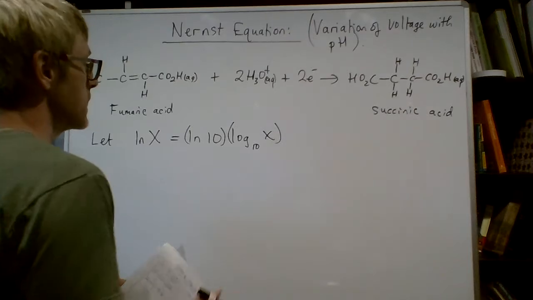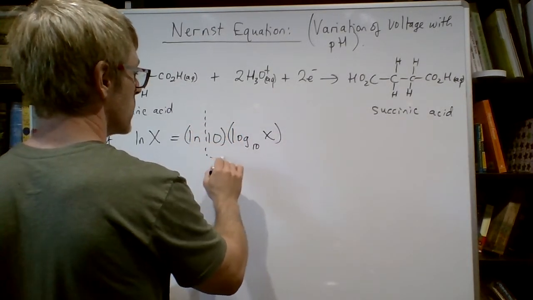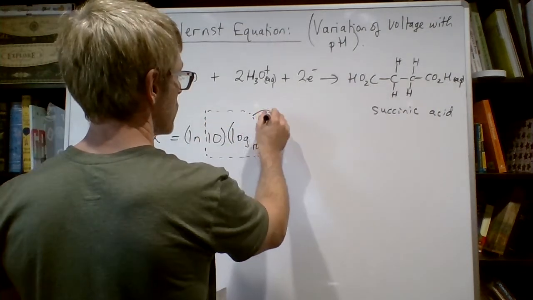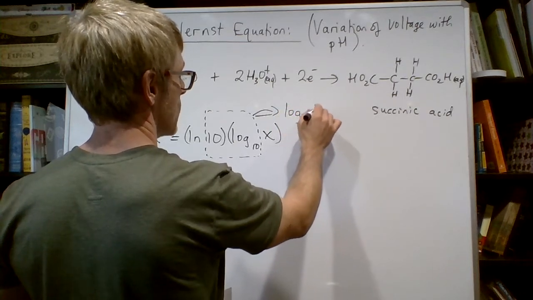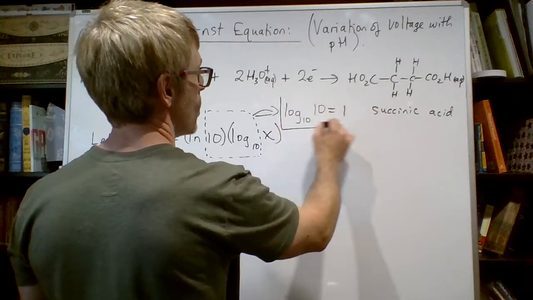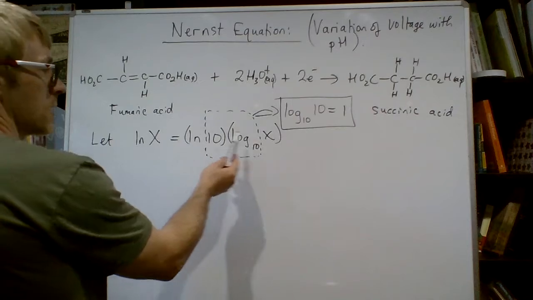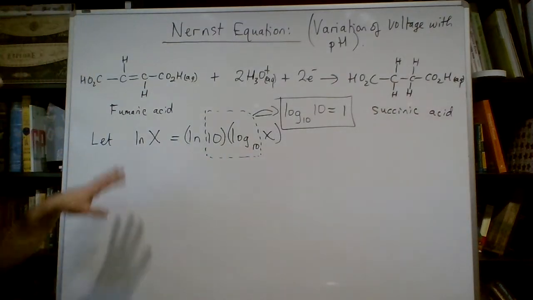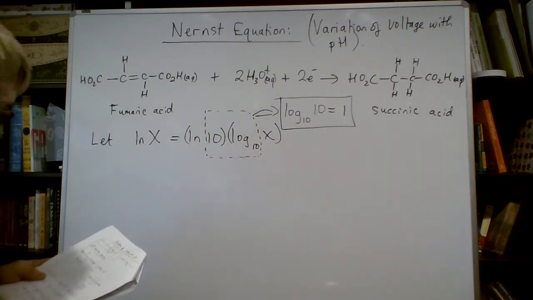And you can see here, if you look at this part of the structure, we have log base 10 of 10. Well, by definition, that equals 1. And we're left with just log x multiplied by 1. So we're going to use this assertion here moving forward.